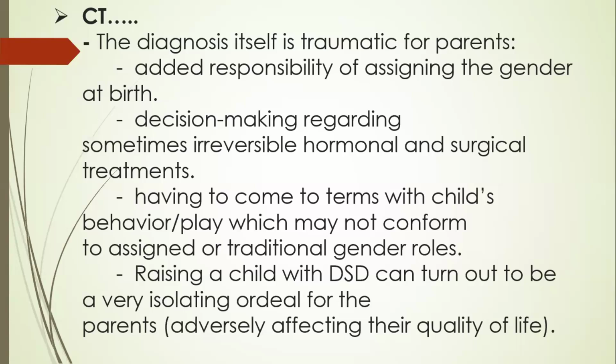There is also a lot of denial. Sometimes they want to see what they want to see and ignore whatever else they do not want to cope with, having to come to terms with children's behavior and play, which may not conform to the assigned or traditional gender roles.